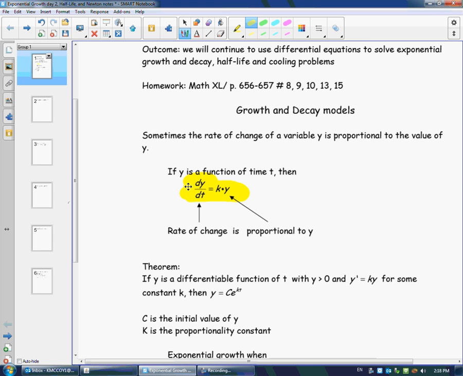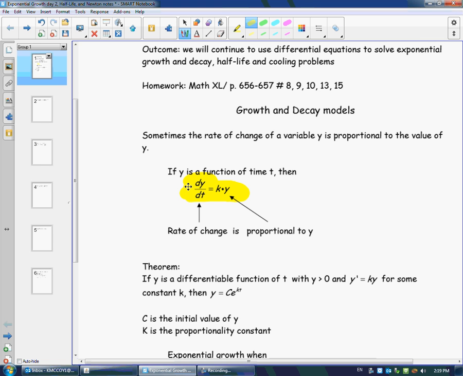Y is your function, which is what we have the differential equation of. It's our rate of change, how y is changing over some time. K is your constant of proportionality. This is a direct variation constant.